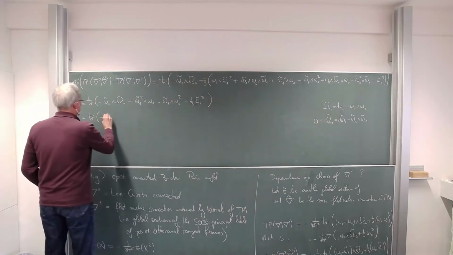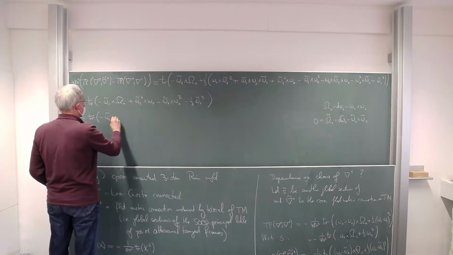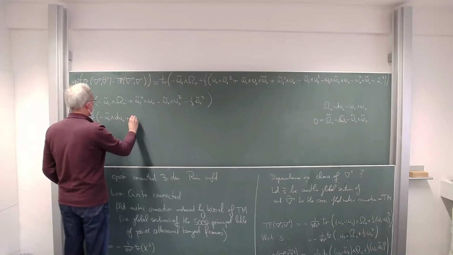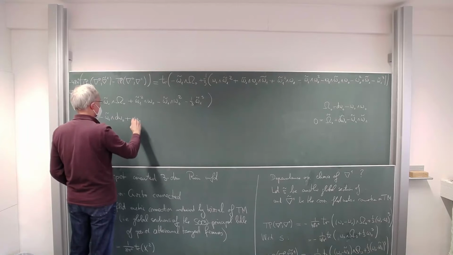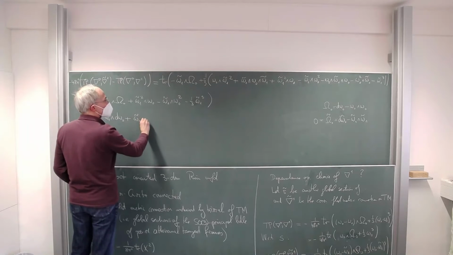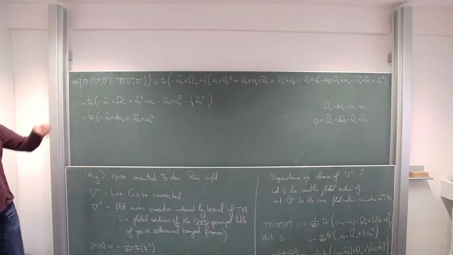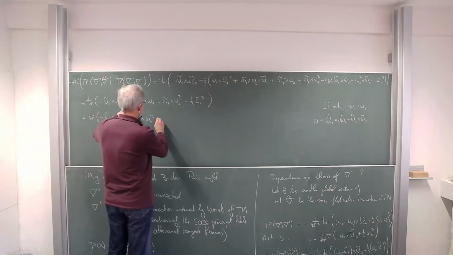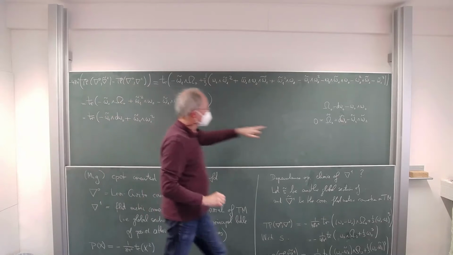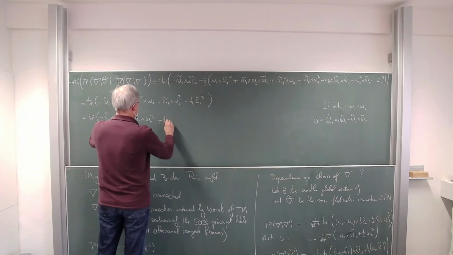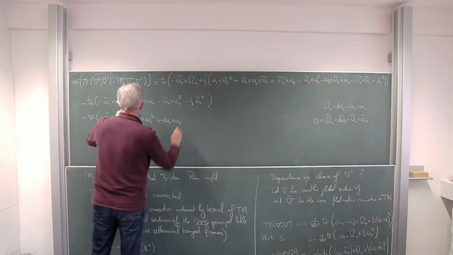Then I get minus omega 1 tilde, which d omega 0, plus, and then I get minus omega 1 tilde, which omega 0 squared. So that's the first formula, and for this one I use this formula, which then gives me plus d omega 1, which omega 0.